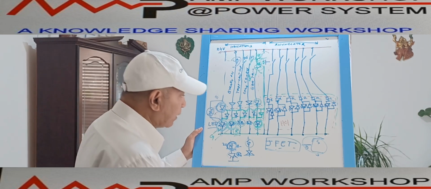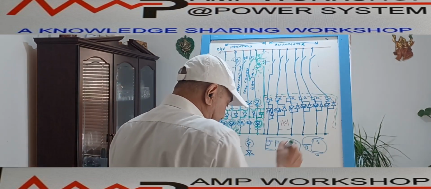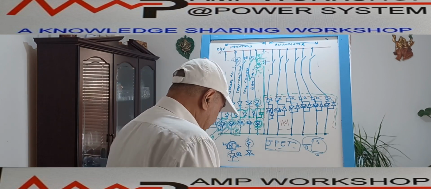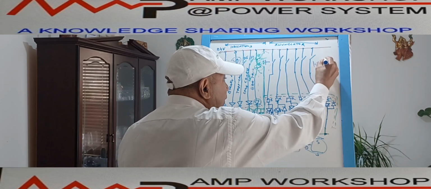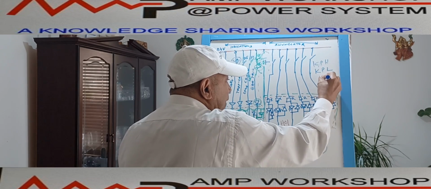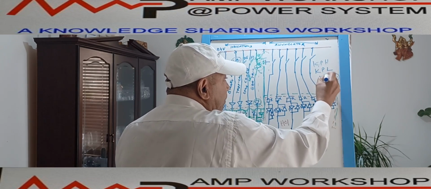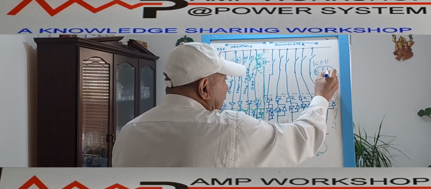For that there is a pressure switch. Those pressure switches we call KPH, meaning SF6 pressure is high; KPH is one switch, then KPL is another switch, and KPLL is the very low switch. Normally we use the KPL and KPLL.